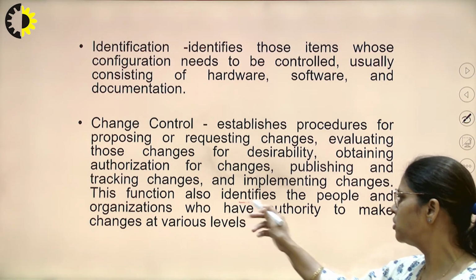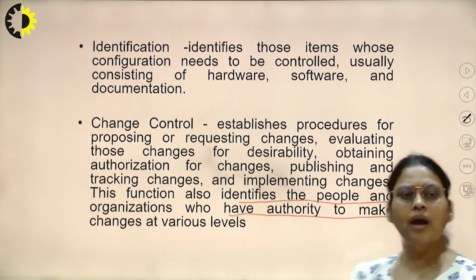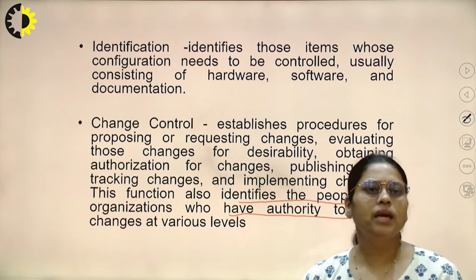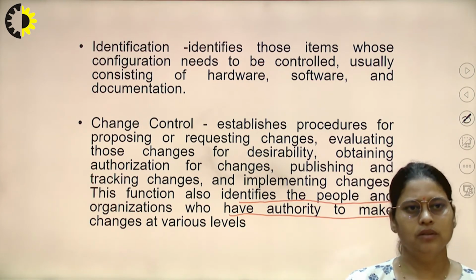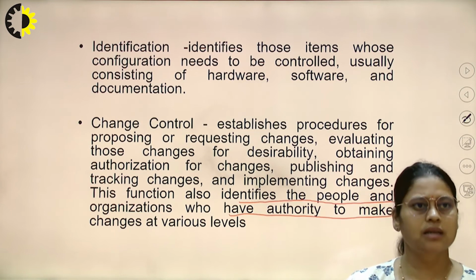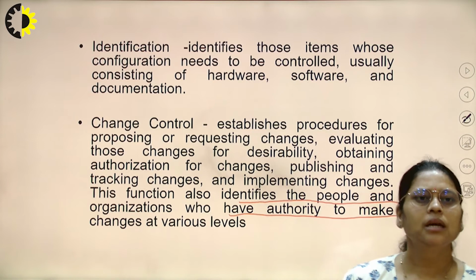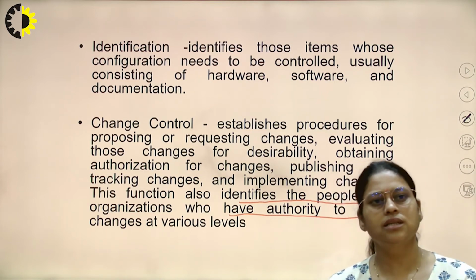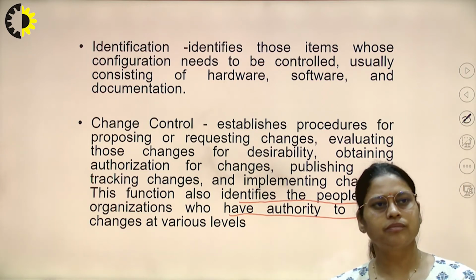This function also identifies the people and organizations who have authority to make changes at the various levels. So we can say that we have to apply the procedure for the changes in this second step of SCM, that is the change control process. In this, we have to evaluate the changes, request the changes, as well as publish and track the changes.